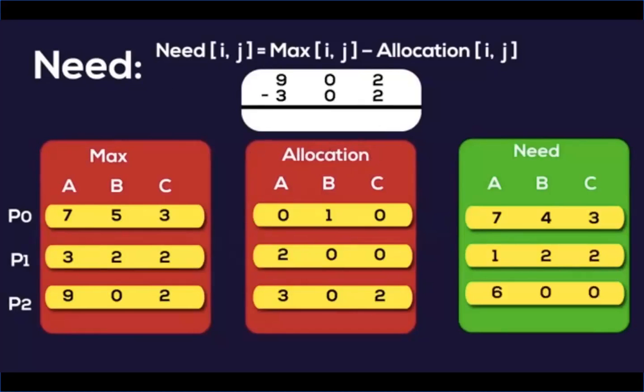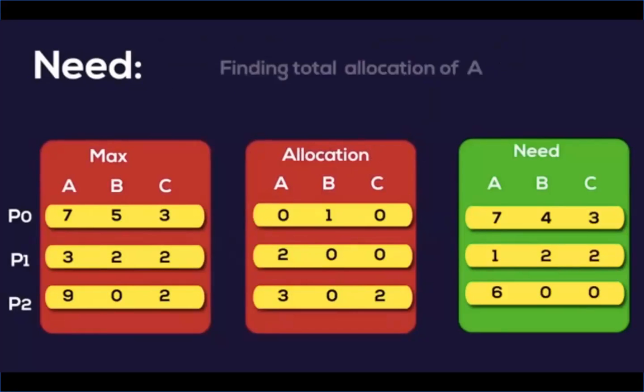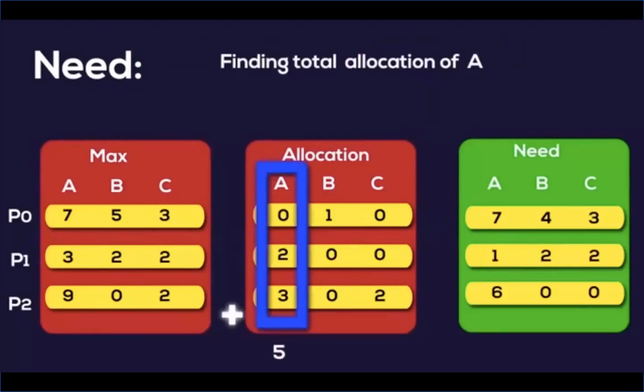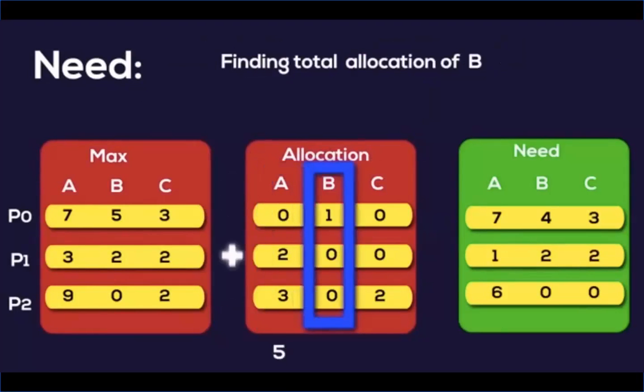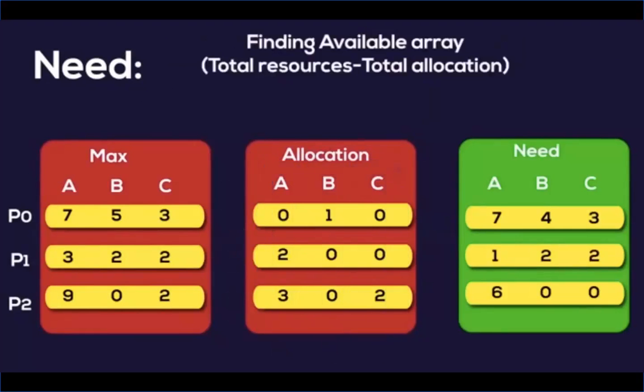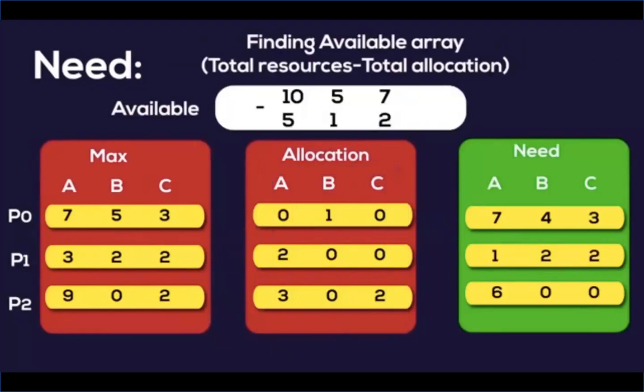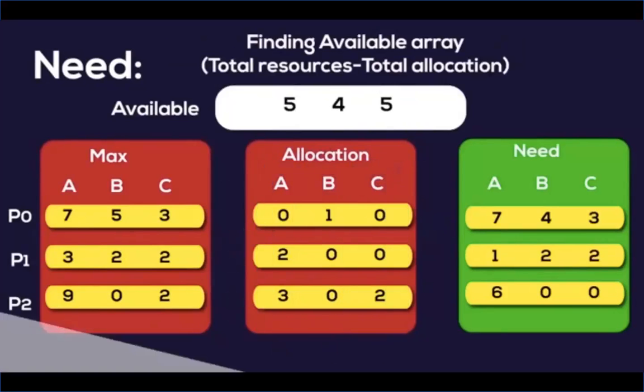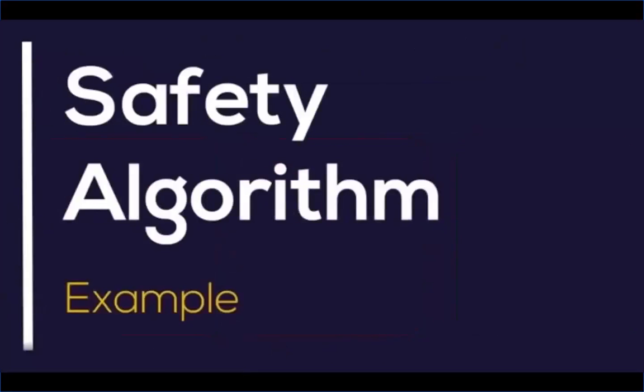So that is how need is calculated. Total allocations. So they are 5, 1, 2. Now available is 5, 4, 5. Now safety algorithm.